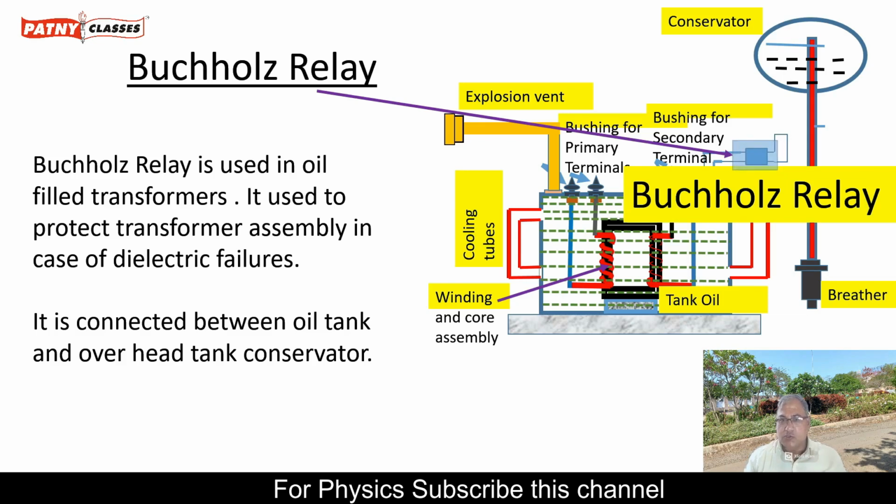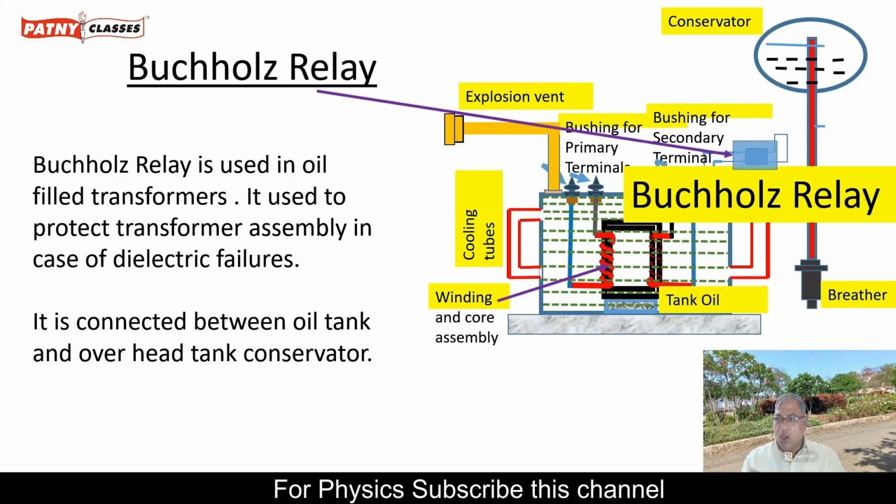The Buchholz relay is used to protect the transformer assembly in case of dielectric failures. This Buchholz relay is connected between the oil tank and the conservator. The conservator is a little higher than the height of the tank, so that the accumulated gases can easily expel to the environment.